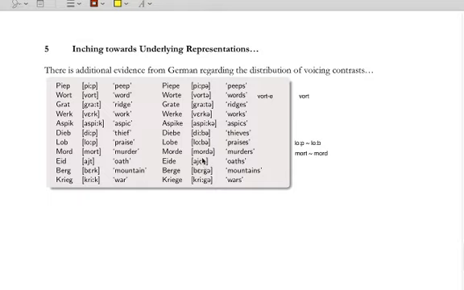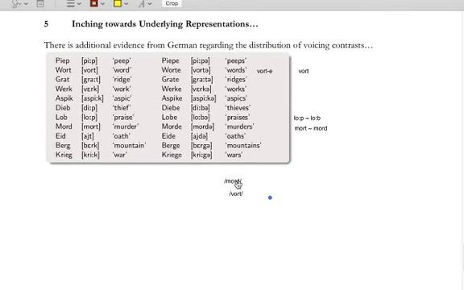So each of these nouns must be memorized in the lexicon with underlyingly voiced or voiceless consonants, for instance, /mod/ or /vot/, and I'm putting these in slashes now to indicate that these are lexically stored forms. They're memorized. This voicing feature at the end of the morpheme is unpredictable and contrastive.